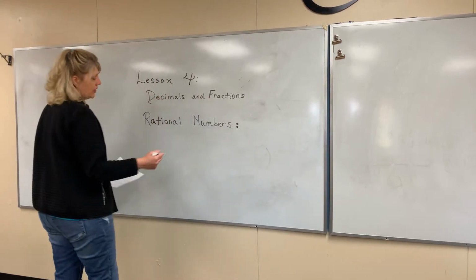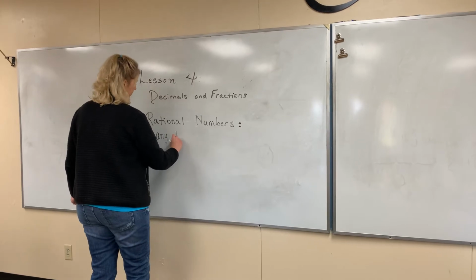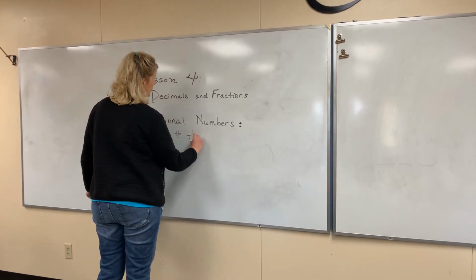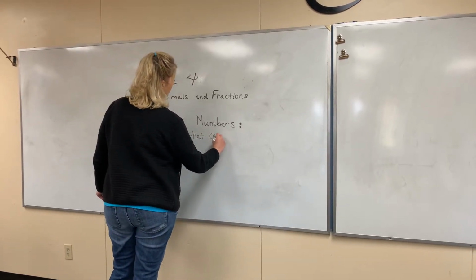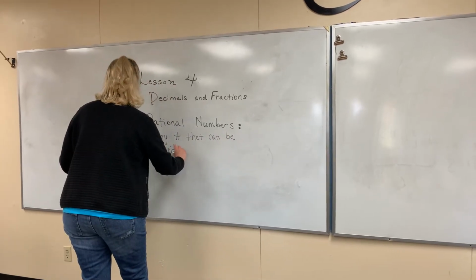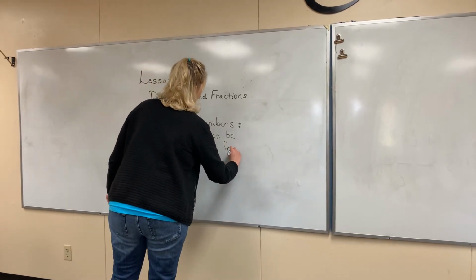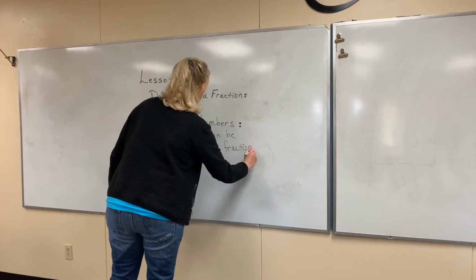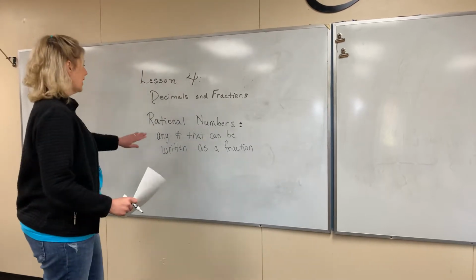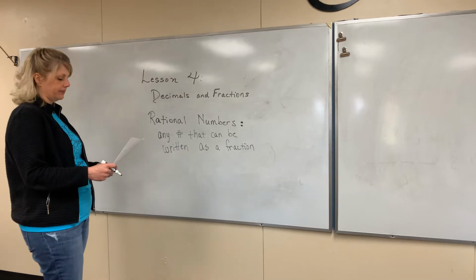A rational number is any number that can be written as a fraction. All right, that's the definition.